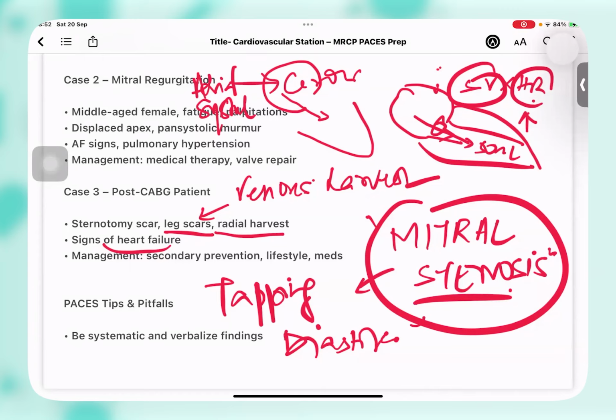So, as you asked, pre-systolic accentuation will be there if the patient of MS is in sinus rhythm. But if the patient is in atrial fibrillation or flutter, you will never get a pre-systolic accentuation. Is that okay?